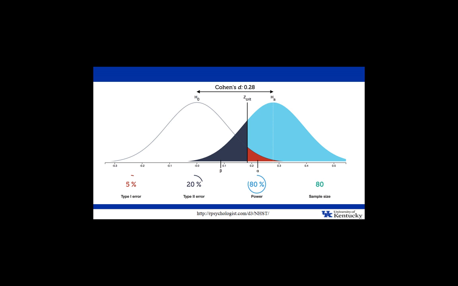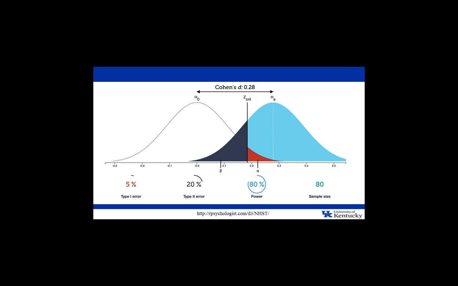What's Cohen's d? It's just a generic measure of effect size. In this case, this is a cool site. A grad student put together this little picture of power, and you can toggle things and move things around.